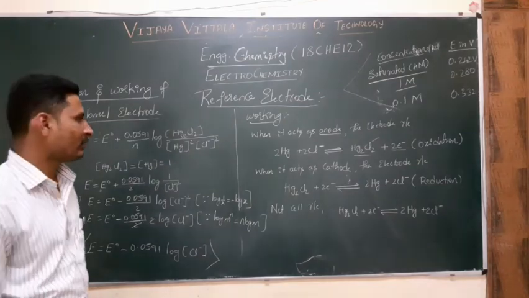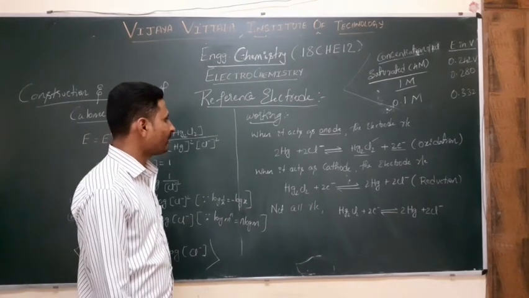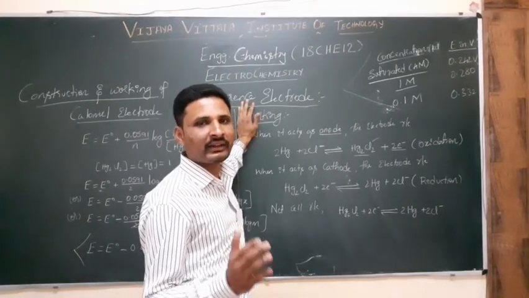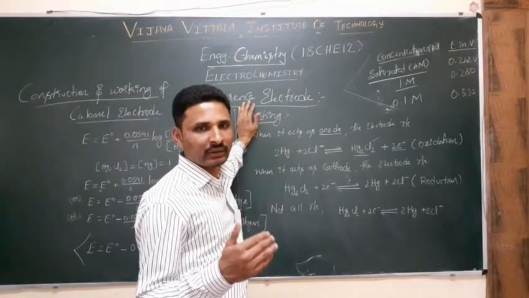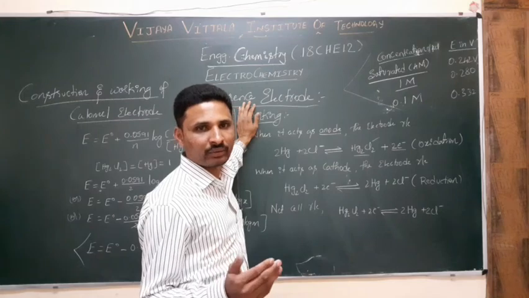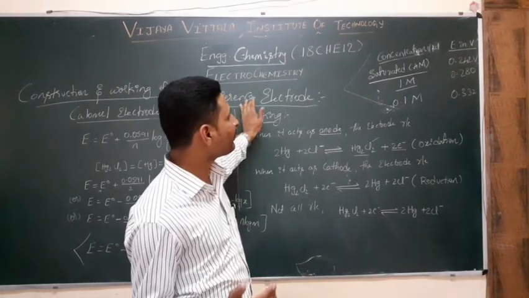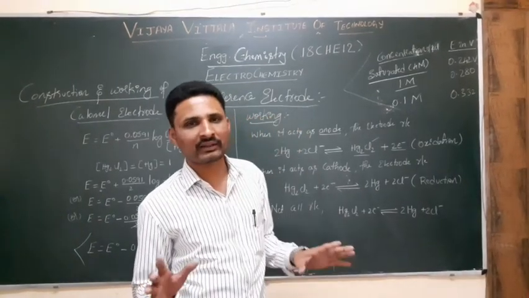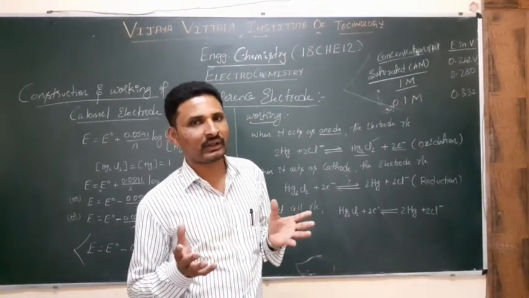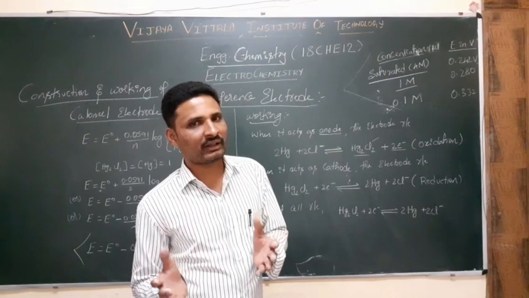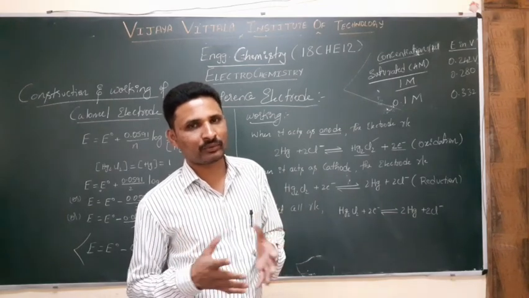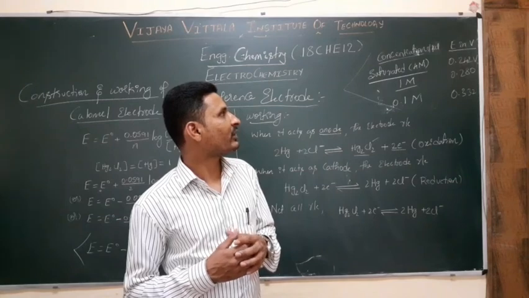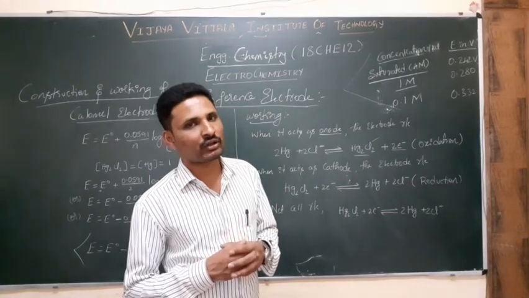So here you need to observe in the working part. The Calomel electrode can act as anode or cathode. If I take a saturated Calomel electrode, that is 4 molar concentration of KCl solution taken in the outer glass tube, the measured electrode potential is 0.242 volt.